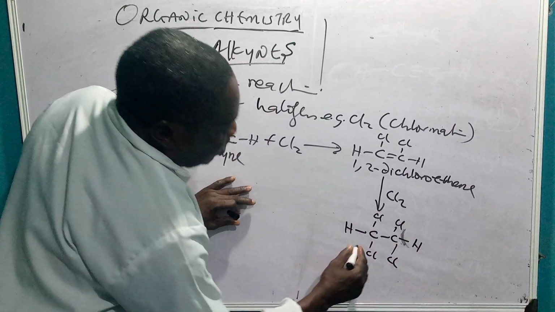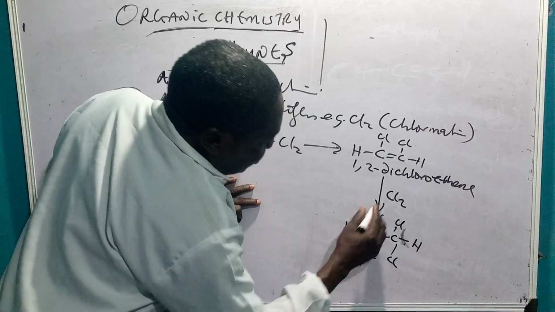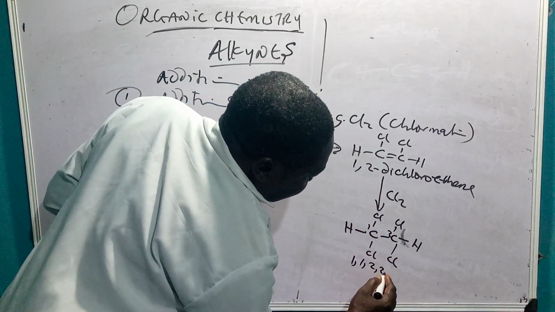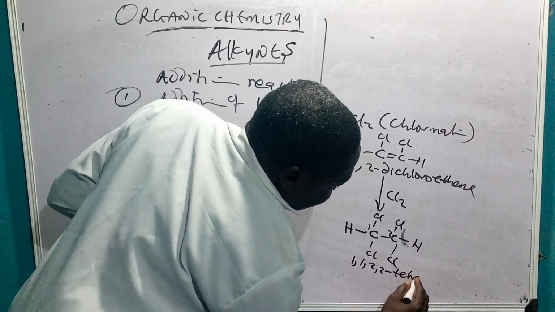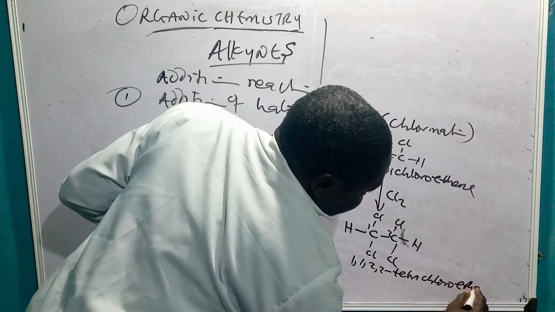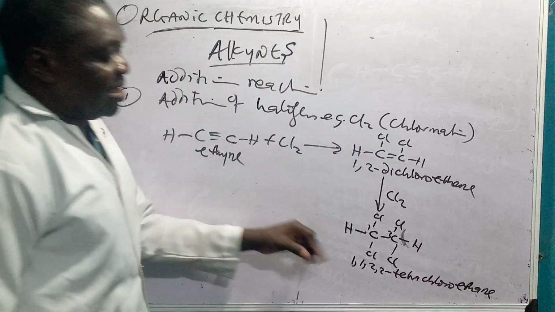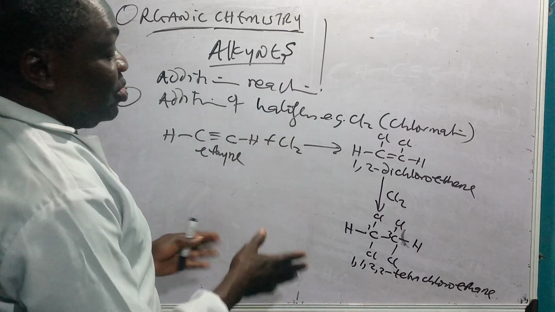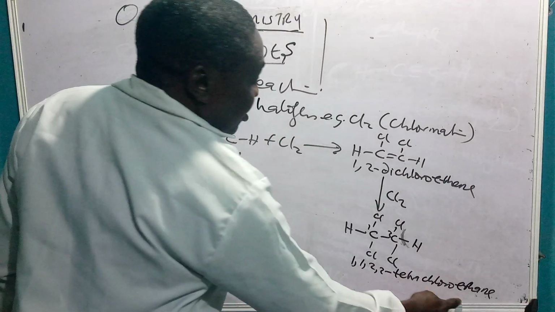You see it. So this one becomes 1, 1, 2, 2-tetrachloroethane. This is the second reaction, and this one covers the other halogens. The same method, you get a similar product, just the name differs.